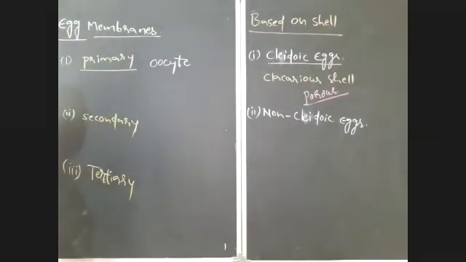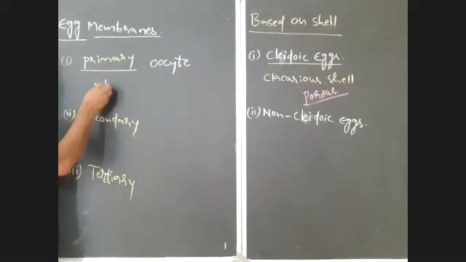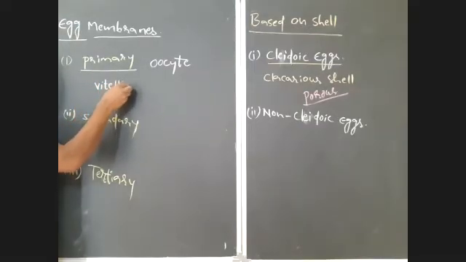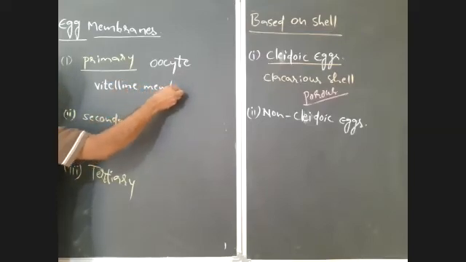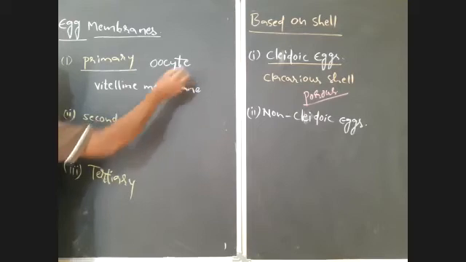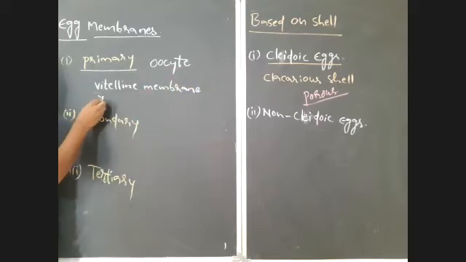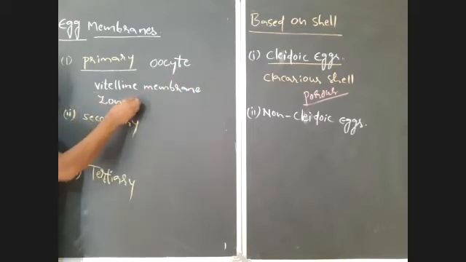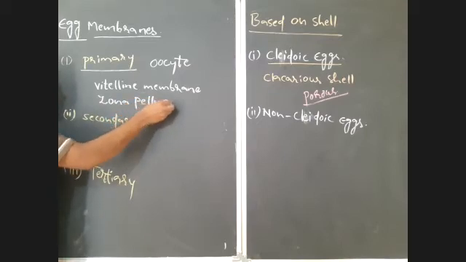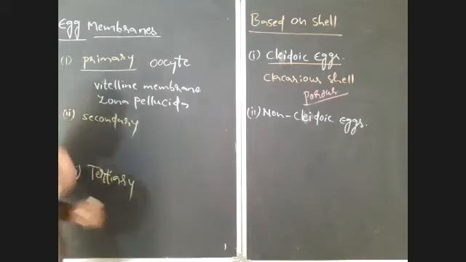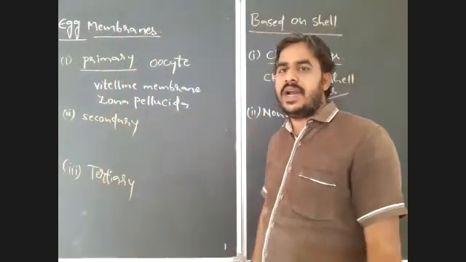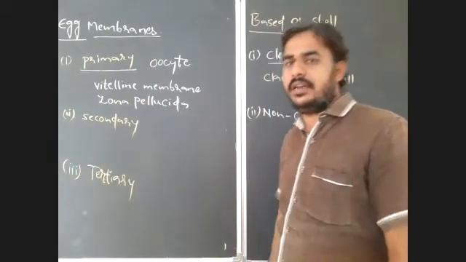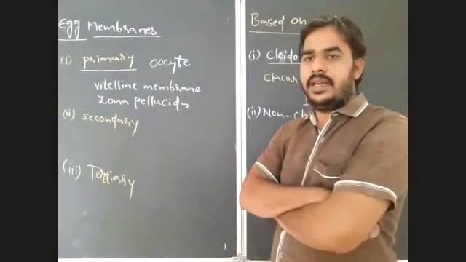You all know that the vitelline membrane is secreted by the oocyte itself, and the second one is zona pellucida, also secreted by the oocyte. So the primary egg membranes in human beings are vitelline membrane and zona pellucida.